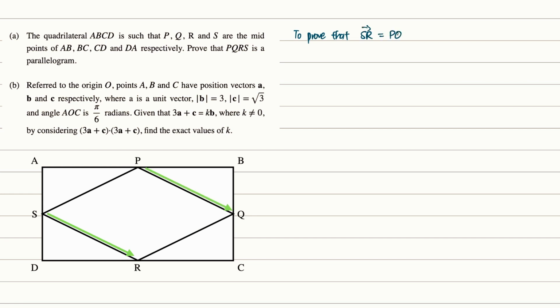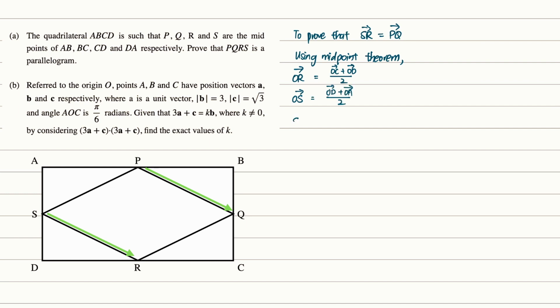In order to prove that they are equal, let's try to work backwards to see what ingredients are needed. Now to get vector SR, we need vectors OS and OR. So we're going to find them right now using the midpoint theorem. Vector OR is (OC plus OD) over 2, and similarly, vector OS is (OD plus OA) over 2.